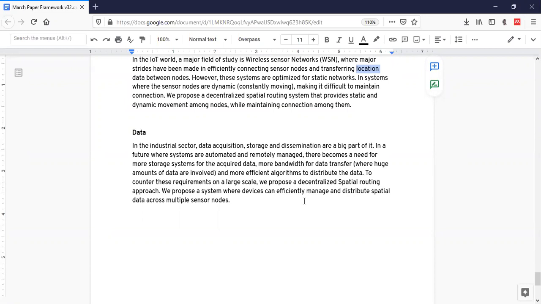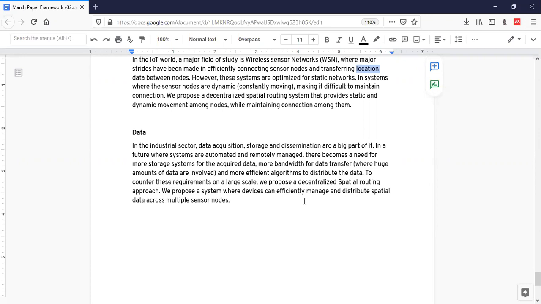So in the future, where systems are automated and remotely managed, basically everything over the internet, there's a need for more storage systems for the acquired data, more bandwidth, because they will be streaming large amounts of data. I'm talking gigabytes and terabytes, and more efficient algorithms to distribute the data.